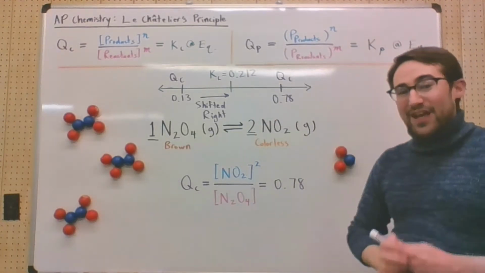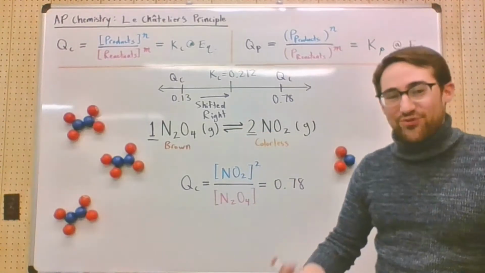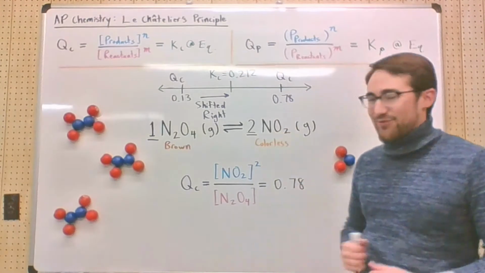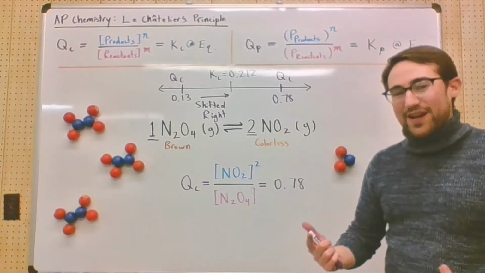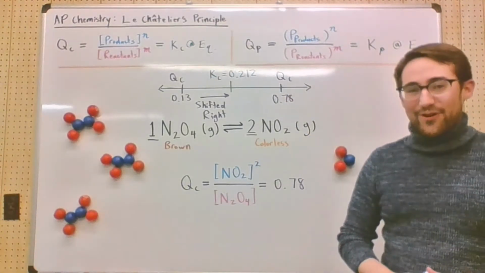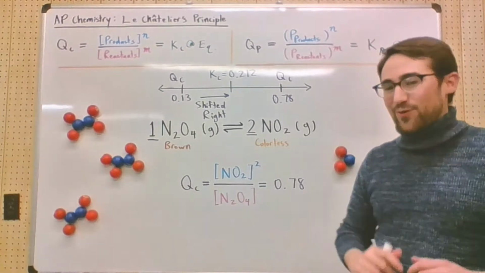Okay, well, if I want to reach equilibrium, as the reactions continue to change rates until they reach that point, until the rate of the forward reaction is the same as the reverse, which one's going to be winning out? Well, in this case, I need to get a smaller number for my Q until I reach 0.212 when I reach equilibrium.